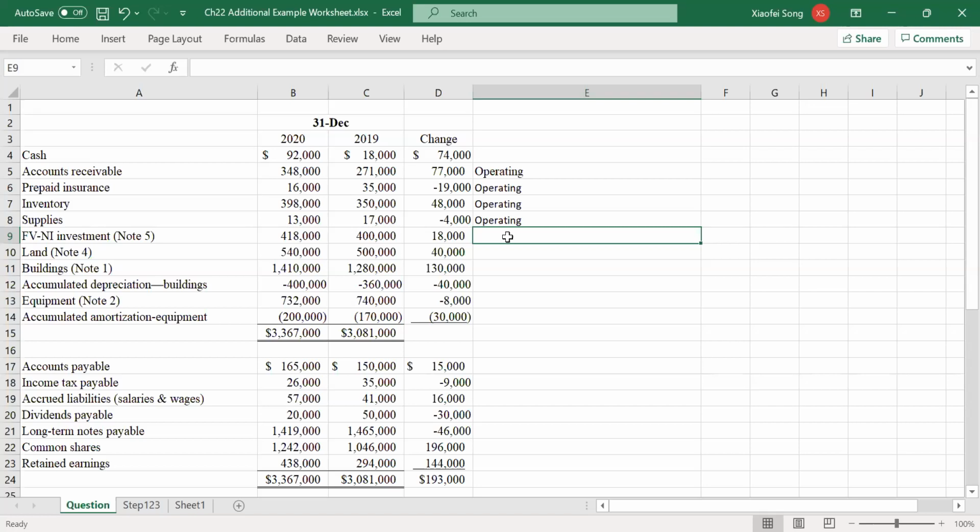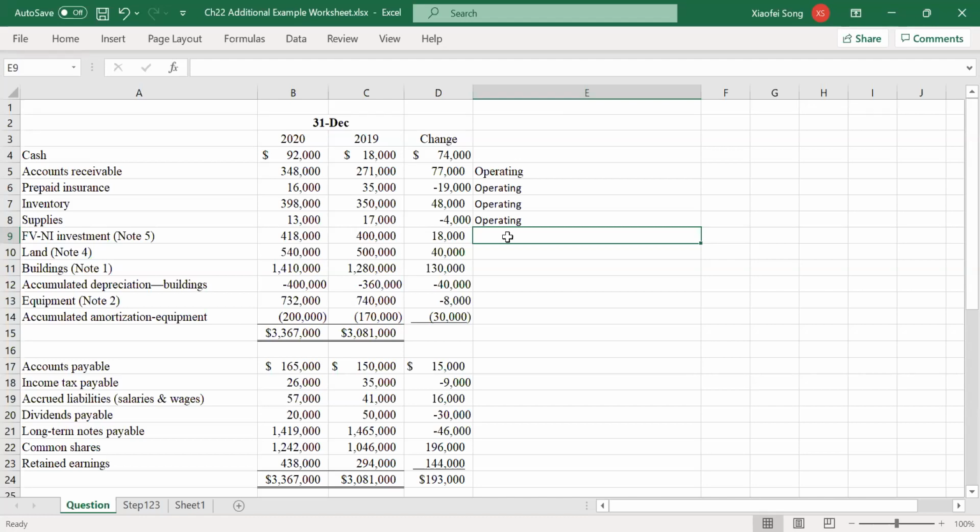Right, so that's that. And also in the income statement, you have realized gain or loss. But the realized gain or loss is different from cash proceeds, right? Because the realized gain or loss is the difference between the proceeds and the carrying amount.